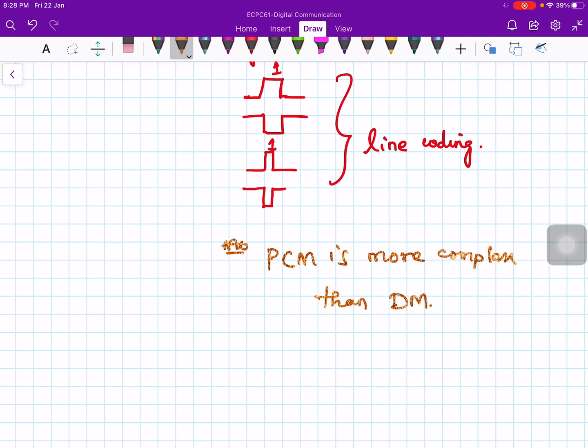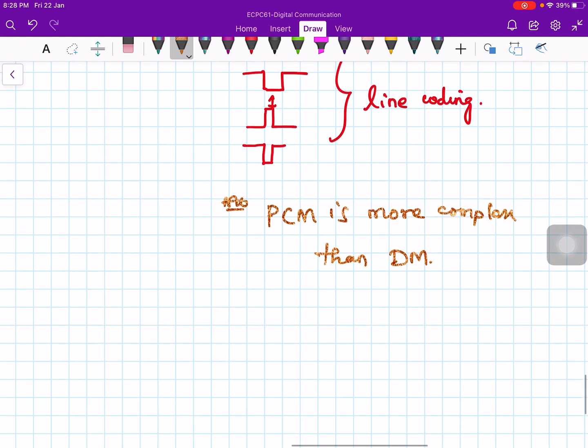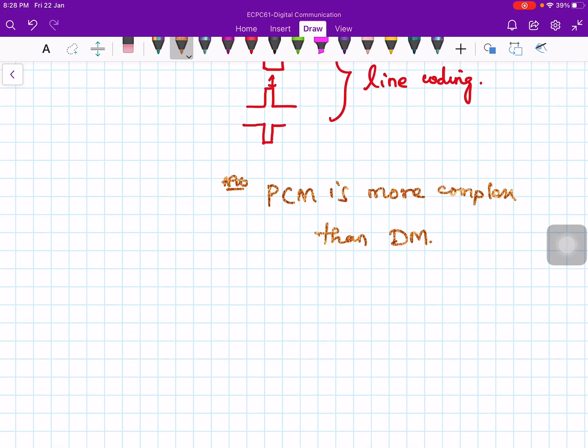So the implementation of a quantizer is not a trivial operation. Okay, I am sure you are all familiar with that fact.